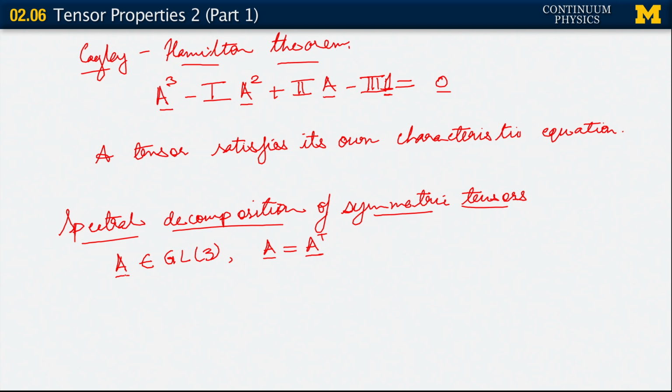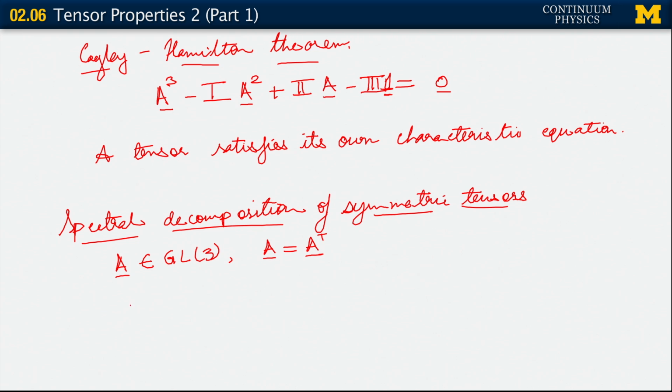Okay, now if we have this sort of situation, then let's suppose that because we're working in 3 dimensions, we can do the eigenvalue decomposition of A, we can get the 3 eigenvalues and eigenvectors.